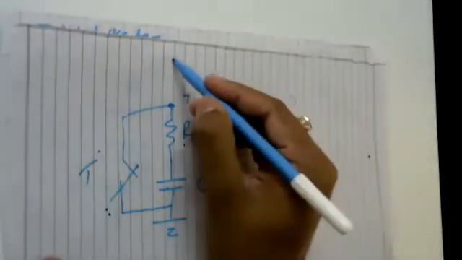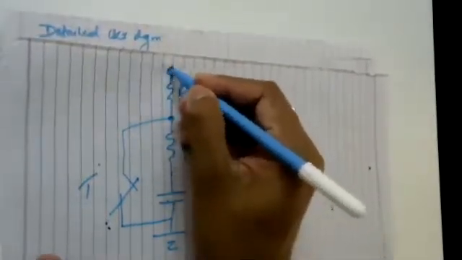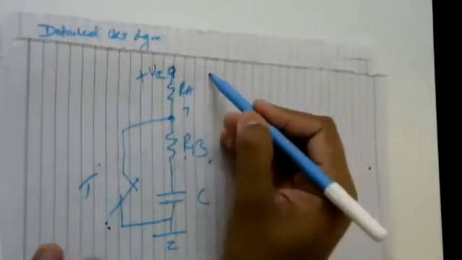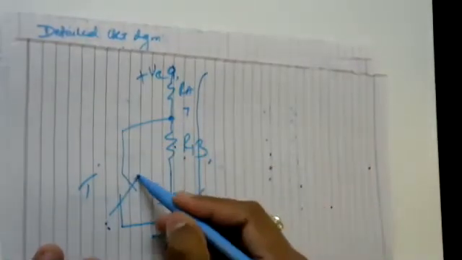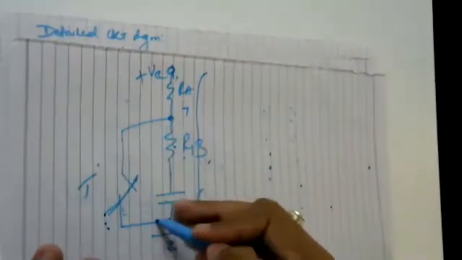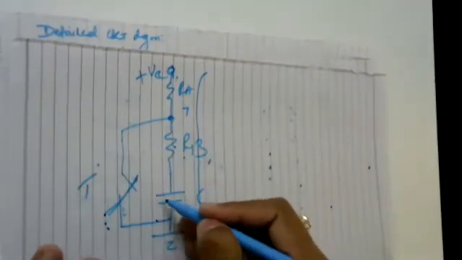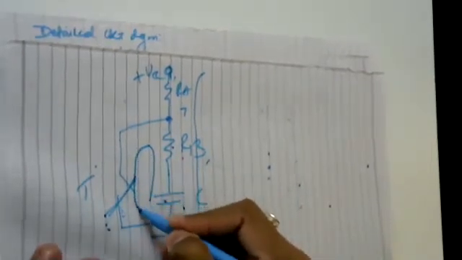the capacitor had charged using this path RA, and this terminal was VCC. So it had charged using this path RA, RB and C. Now when this is closed, it is having a least resistance path. So this capacitor is going to discharge, give the energy back to the circuit, like this.